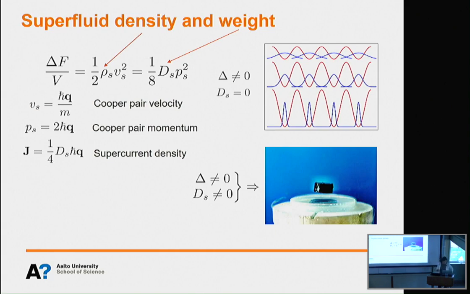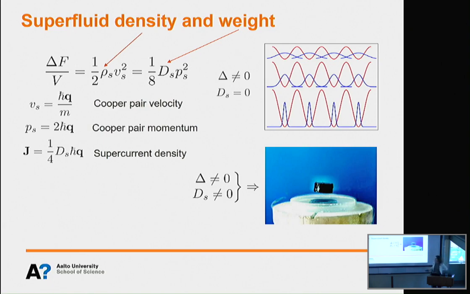So, by the way, in order to answer whether there is superfluidity in a flat band, we calculate the superfluid weight. It's defined like this. It's basically the same as superfluid density, but now defined in a lattice context.